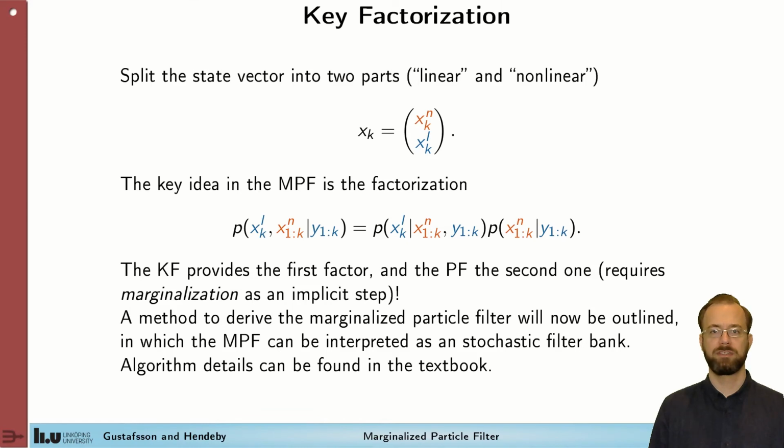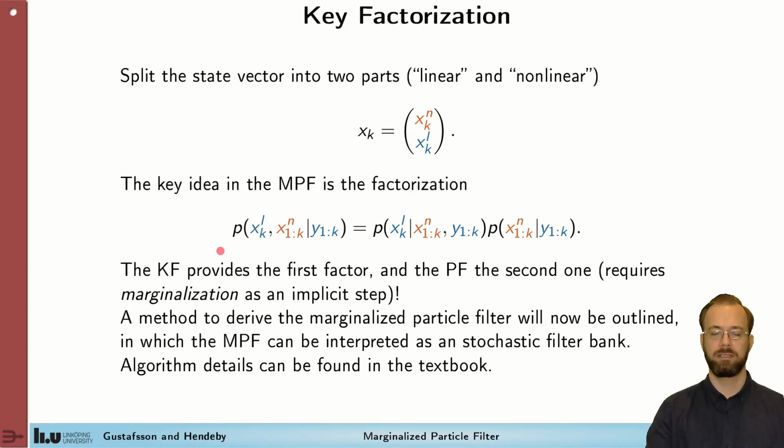Now let's generalize this a bit. The key here is to divide the state space into two parts. So X is the full state space, then we have Xn, that is the nonlinear part, and XL, the linear part. And given the model structure that we have, conditioned on this part, this thing here will be linear, so we can deal with it.